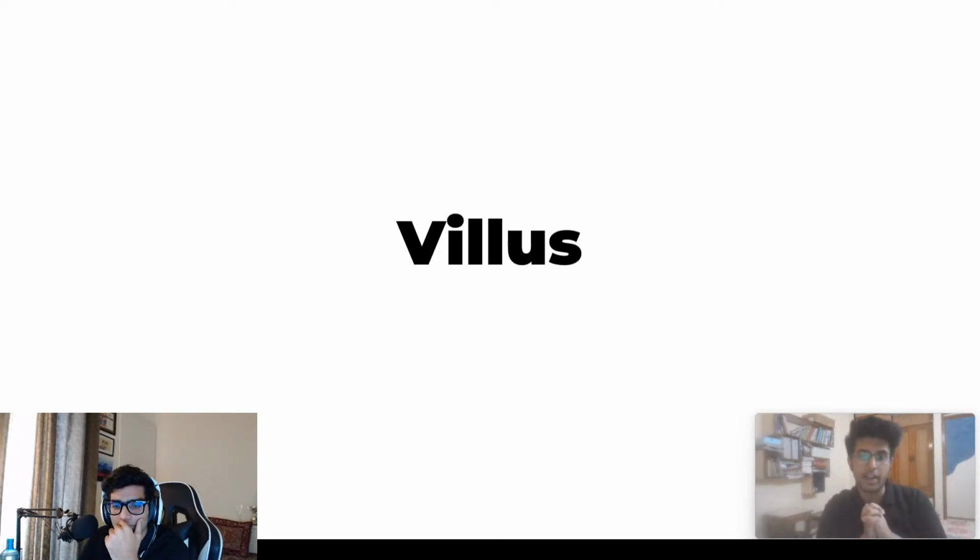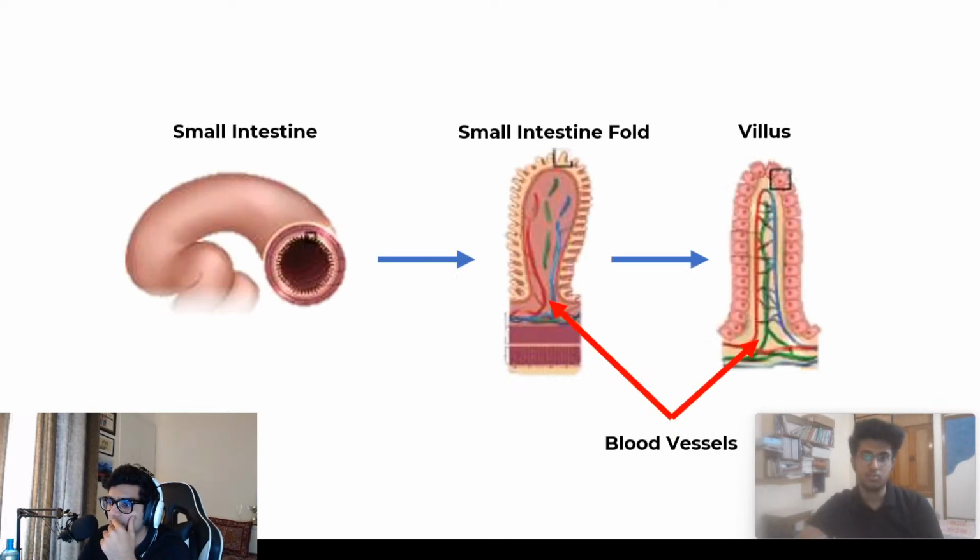Let's ask the chat. Who knows what Willis is? Right, we are doing that. Sandeep is close, right? This is how a small intestine looks. This is the small intestine. You can see the small intestine folds. These are the blood vessels, and that is Willis.